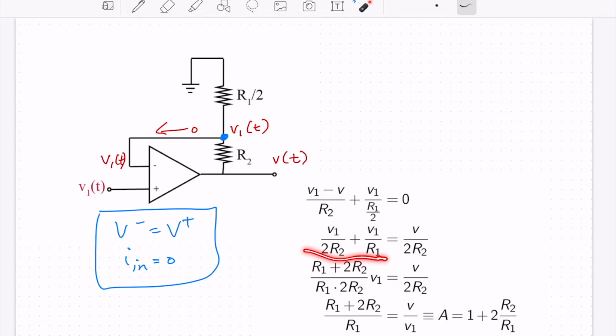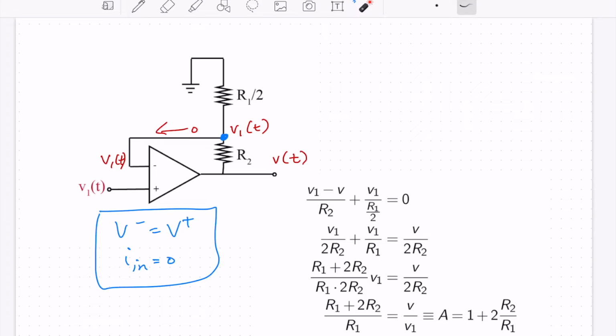Combine our fractions, and we end up with this. We will just define that to be A. So we're going to define our gain A to be the gain V of t over V1 of t. And when we solve this, we can write it in a different form as 1 plus 2 times R2 over R1. So there is our equation for the input side.